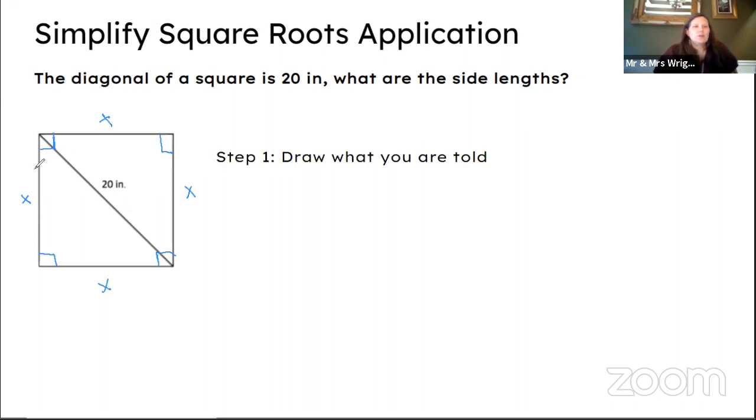Let me just draw one in here. I've got this yellow triangle right here. Hopefully y'all can see it. It's a triangle, right? Now, in this triangle, I see that it is a right triangle. And what do I know about right triangles? Well, I know a secret formula that allows me to know all of the side lengths of any right triangle.